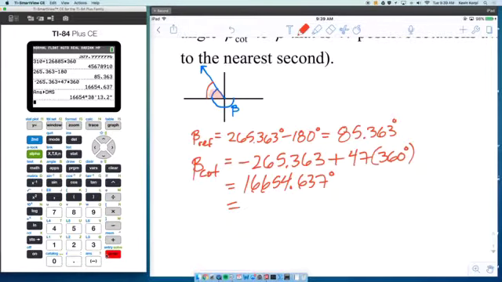So you'd have 16,654 degrees, 38 minutes, and then 13.2 seconds. You could do that with the others if you want. I'm not going to do the other two because it's just as similar. So these angles right here are equivalent. They're one and the same, just a different way to measure it.